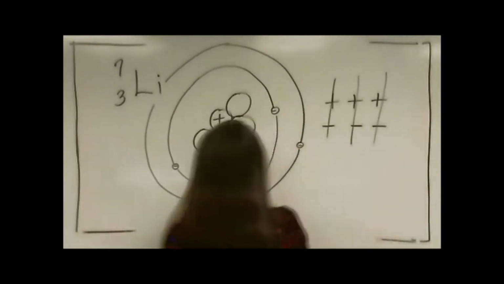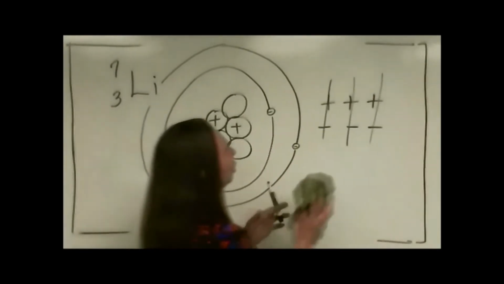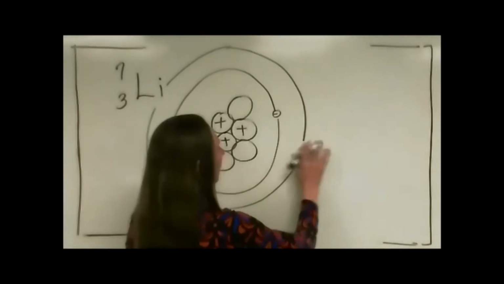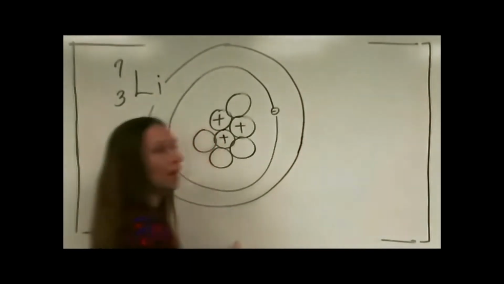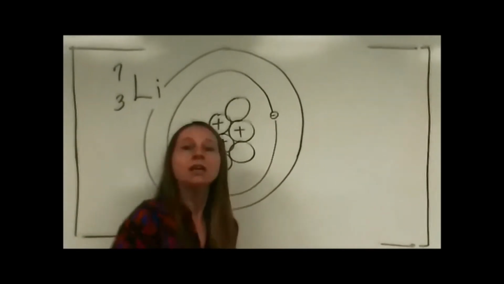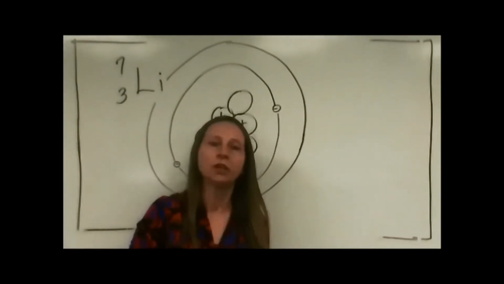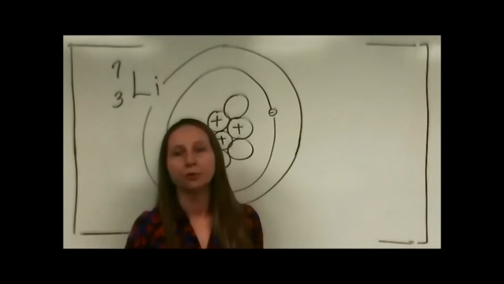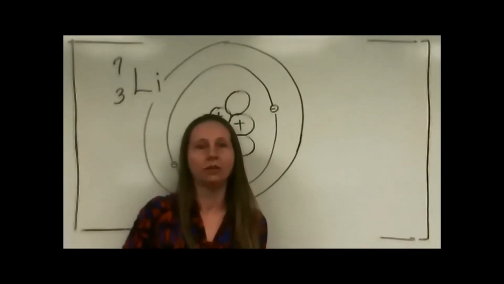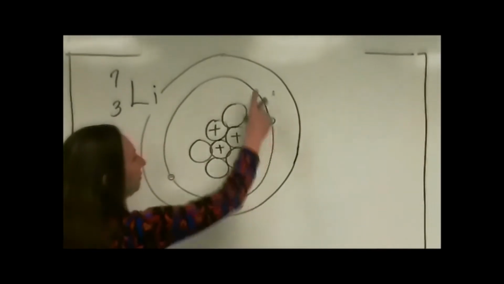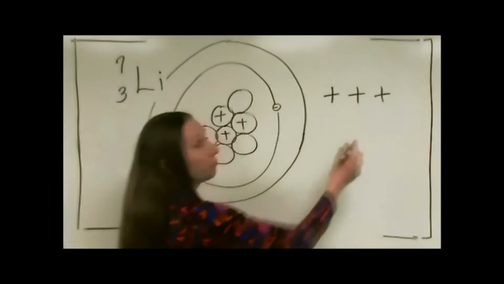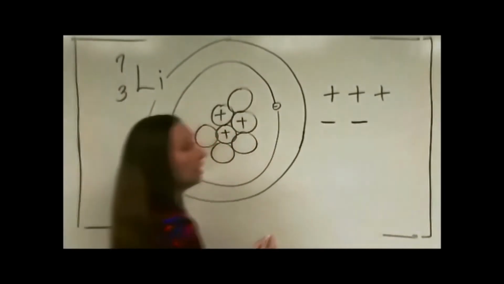Now, what happens if an atom loses an electron? Let's say this electron gets taken away. We rub the lithium and that electron gets taken away, similar to the way that the electrons were transferred from the fur to the rod. The fur lost electrons, the rod gained electrons. If I take one electron away, then the lithium atom has 3 protons and 2 electrons.